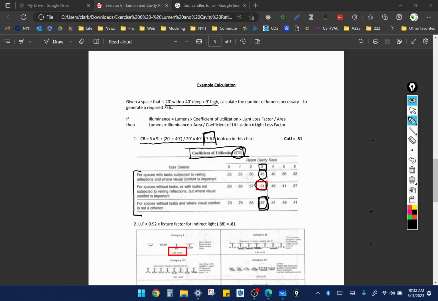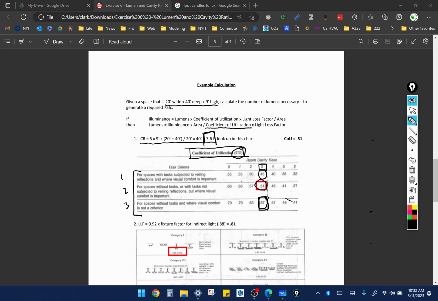And the thing to take away here is that coefficient of utilization is simply a variable that we calculate very roughly that takes into consideration the geometry of the space and how much light we need based on the task, and also where the light is situated. So that's where the veiling reflection stuff comes in. You don't need to understand that directly. You just need to pick one of these three options, and there is no right or wrong, and then pick a value.